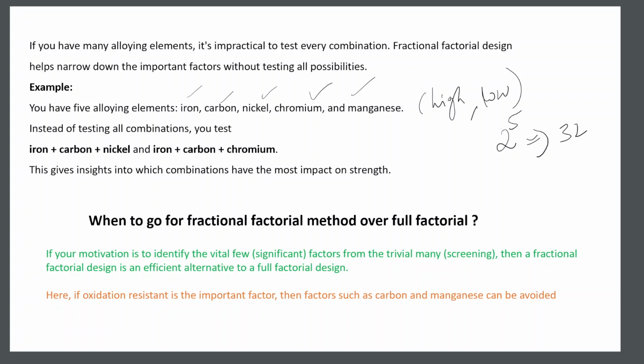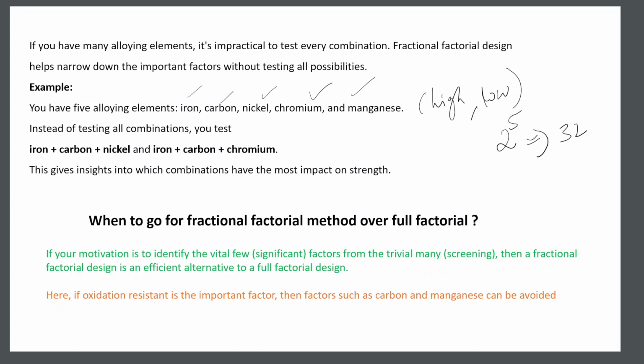I'm just telling you that iron, carbon, nickel, and iron, carbon, chromium might influence the mechanical properties. So we just do those alone and compare the results or see the response.